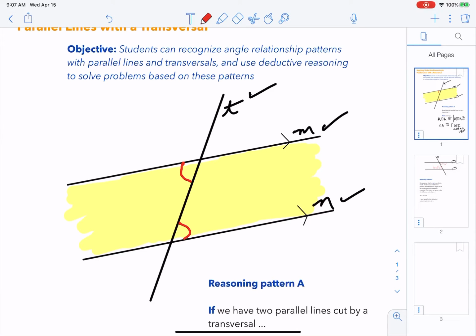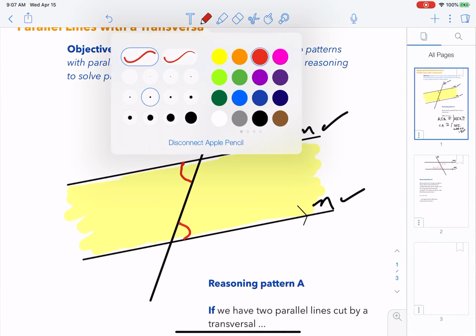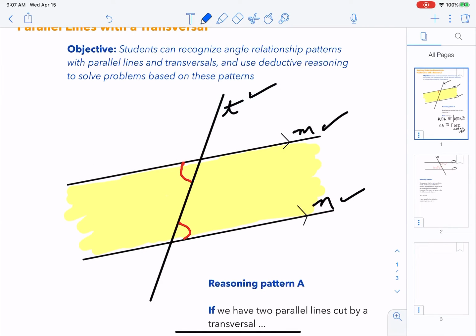I'm going to use another color. Here would be alternate exterior angles. They're exterior to the space between the two parallel lines, and they're on alternate, in other words, opposite sides of the transversal. So for instance, maybe here and here would be alternate exterior angles.